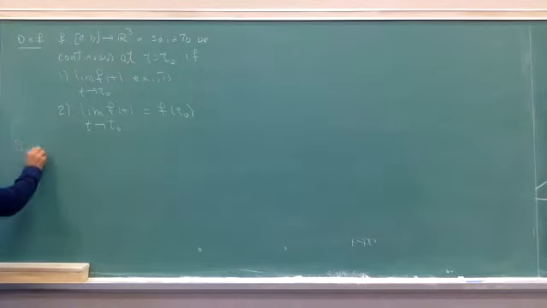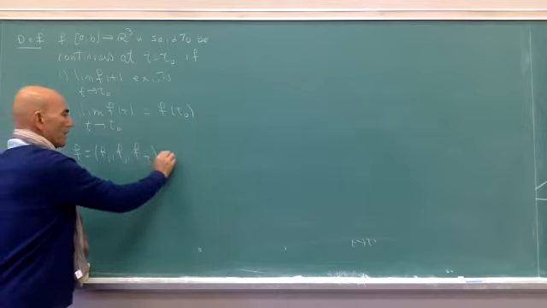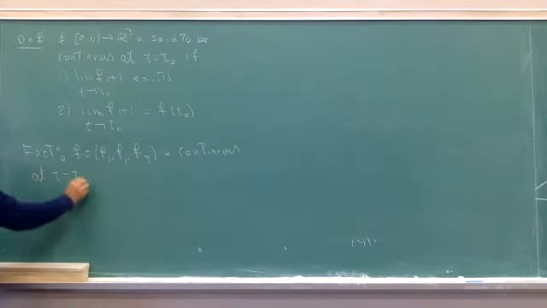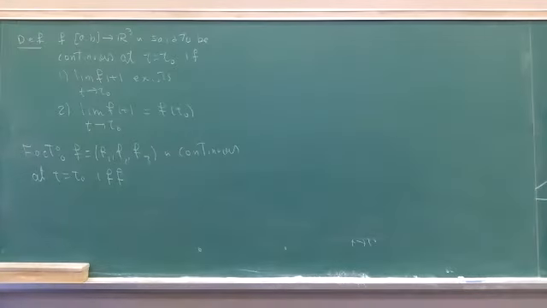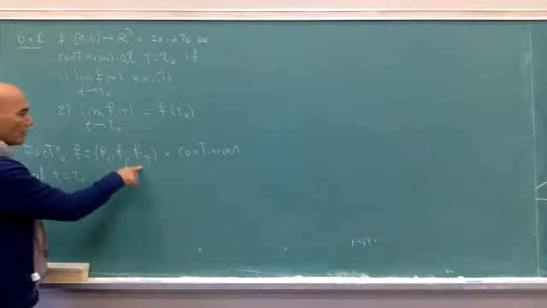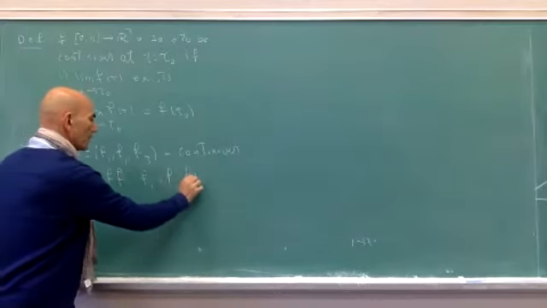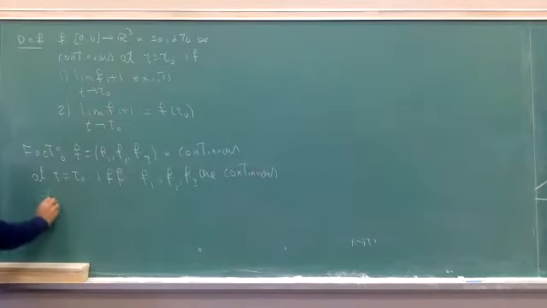So the fact is this: f equal to (f1, f2, f3) is continuous at t equal to t0 if and only if each of these components f1, f2, f3 is continuous at t equal to t0.